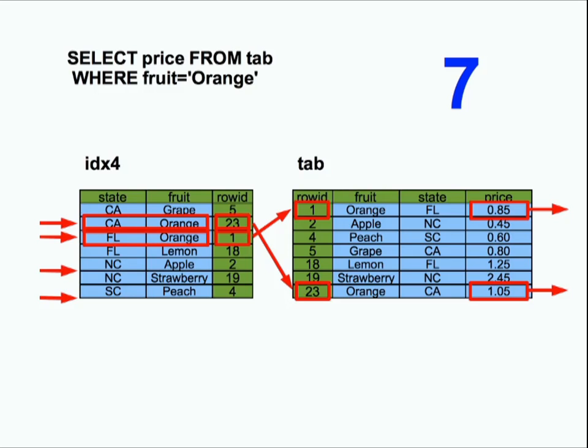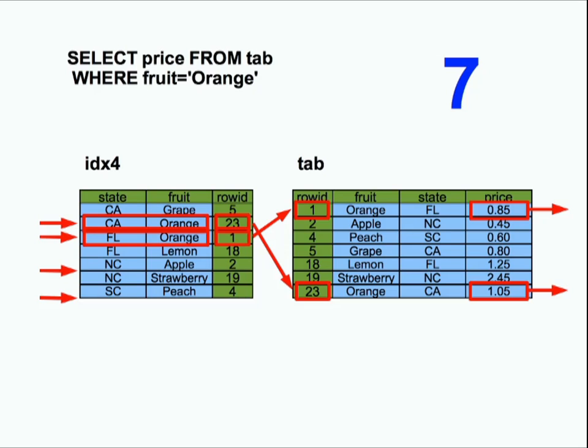Here's something really clever. And Bloomberg told us how to do this. Here we're doing a lookup. Suppose we only have index 4, where the fruit is the second column of the index instead of the first column. And we want to do an indexed lookup on the second column of an index. I don't know what the official name for this is. We call it skip scan.